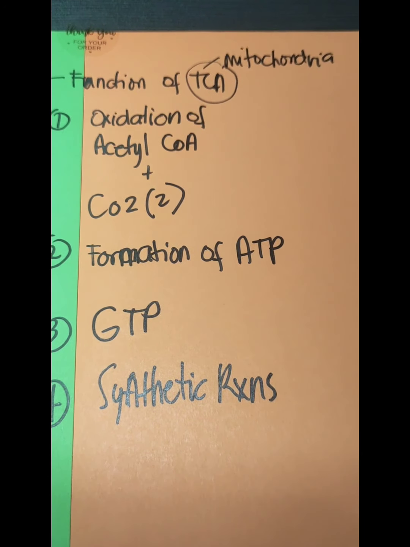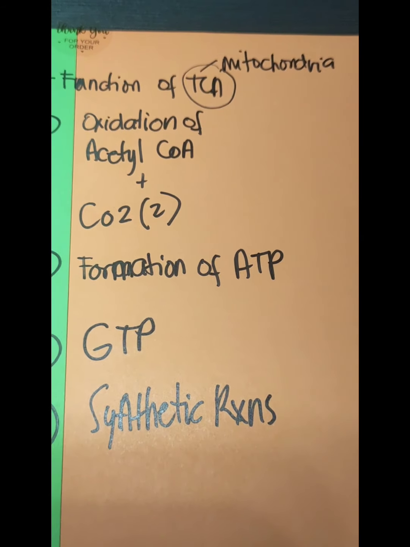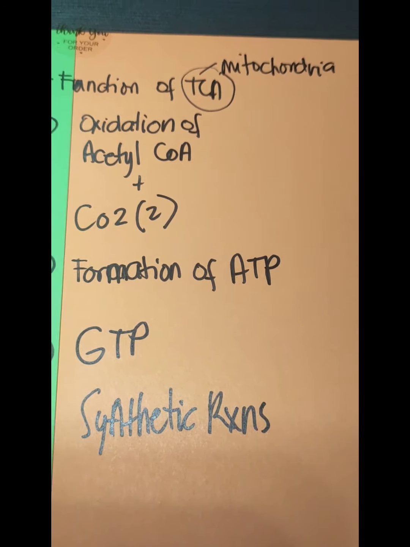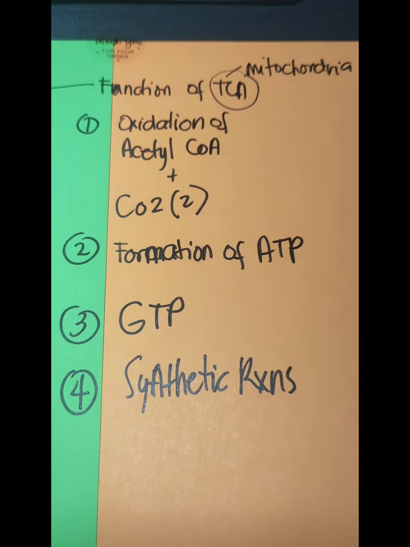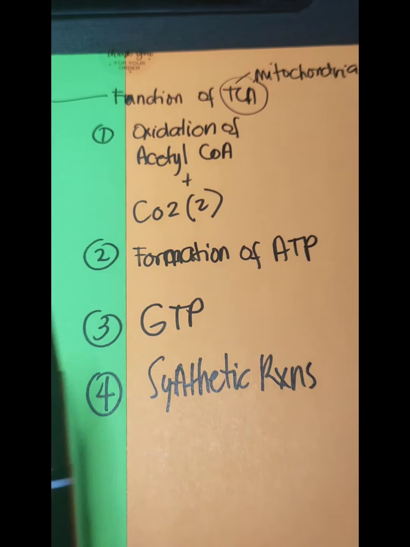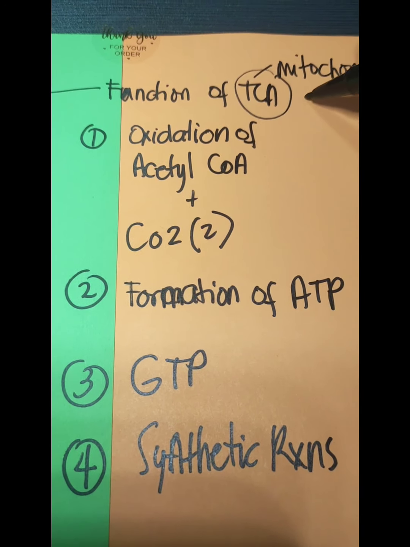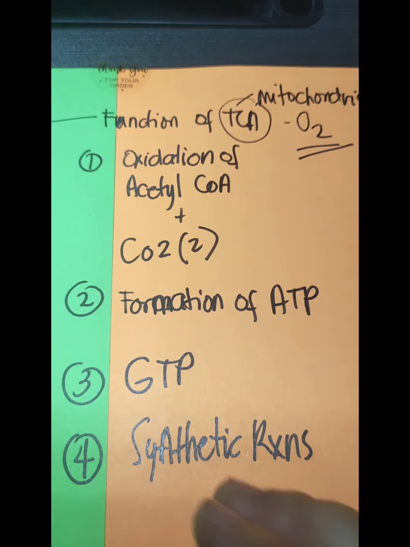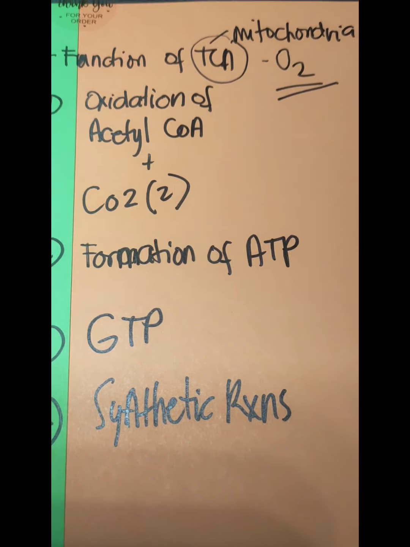Since it is in close proximity to the electron transport system, it is easier to reduce NADH and FADH. Also, unlike glycolysis, which can happen either aerobic or anaerobic, your TCA is happening only in an aerobic condition. So your TCA can only be successful in the presence of oxygen.